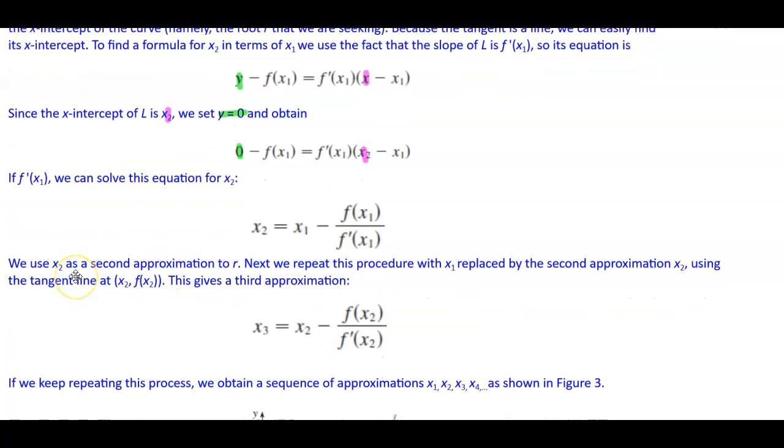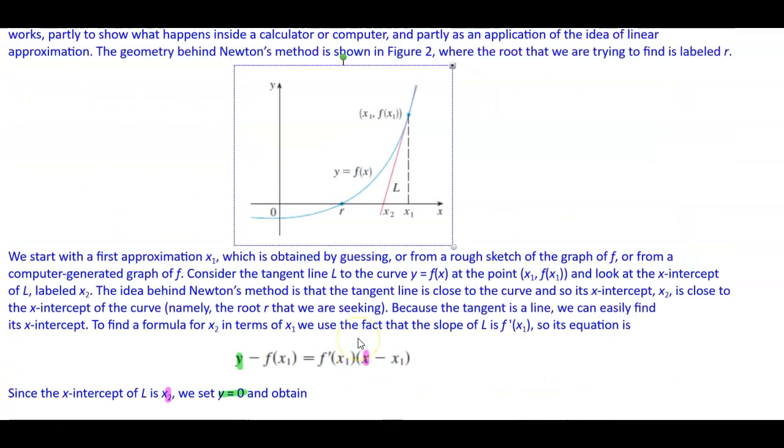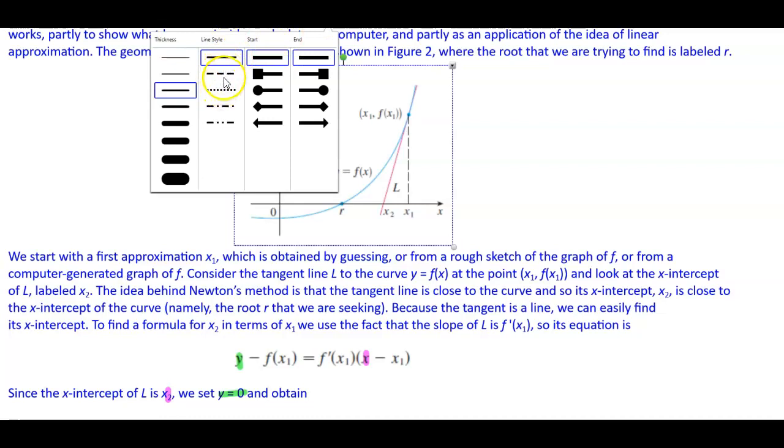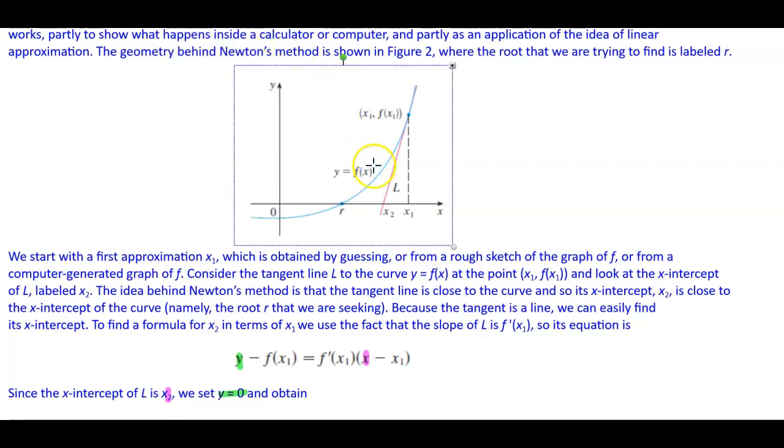Now, we use x2 as a second approximation to r. Next, we repeat this procedure with x1 replaced by the second approximation x2, using the tangent line at (x2, f(x2)). So we have another line, which starts here at x2.